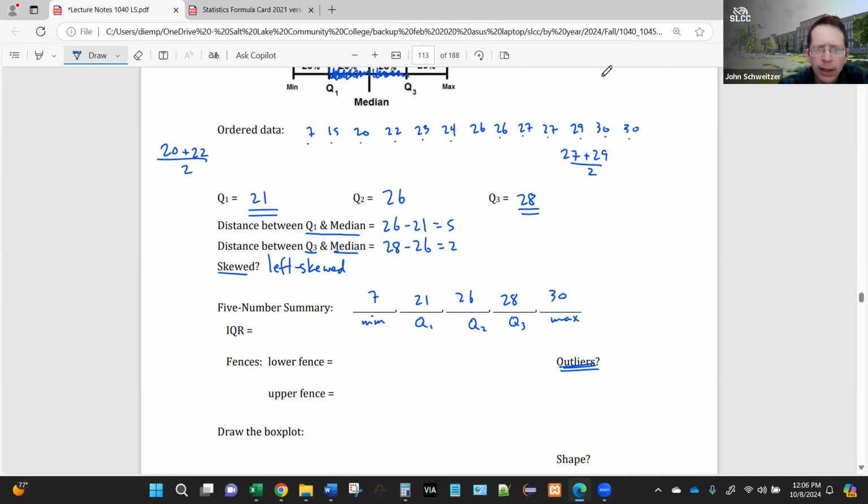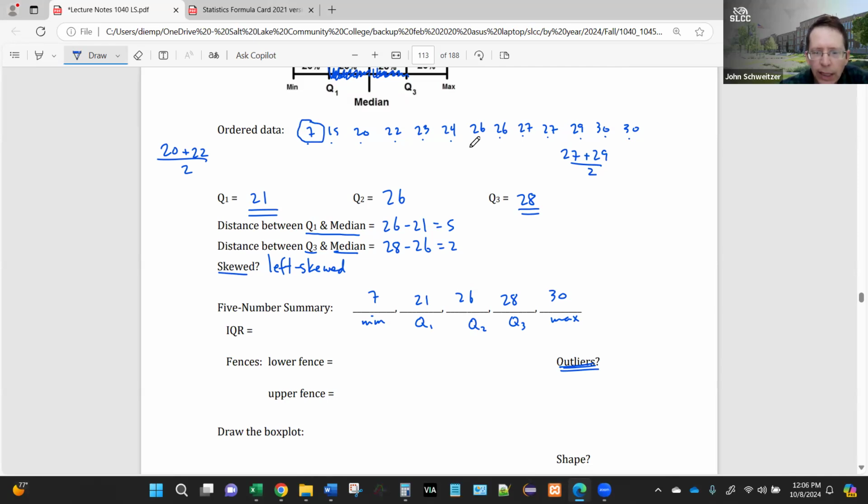Yeah, the 7. If there is one that's different, it's got to be the 7, right? The rest of these pretty much are close together. 15 is a little bit weird too, maybe. But 7, it looks like there's something different about 7. Or maybe not, right? Who knows? When you don't have a definition for outlier, it's a bit subjective.